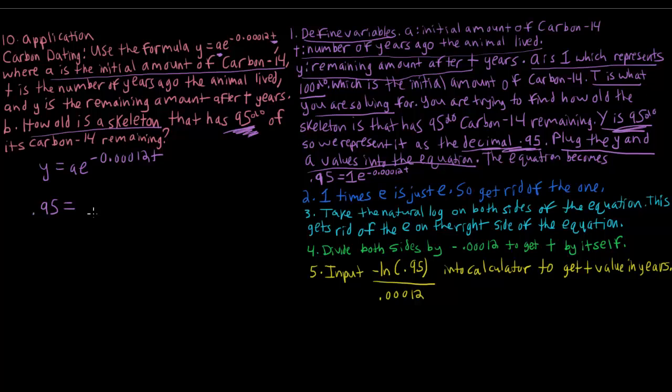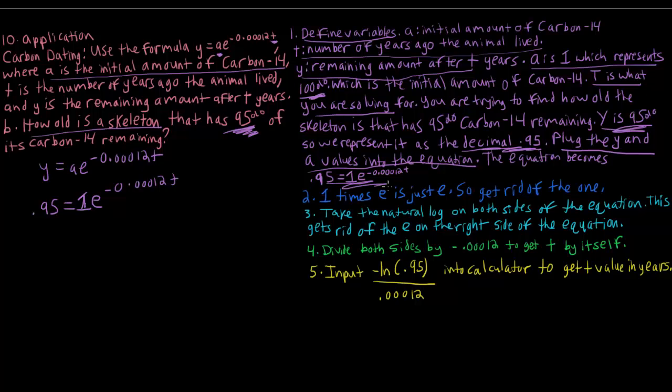Our a value is 1 because 1 is representative of 100%, which we talked about right here. And yeah, you just have 1 times e raised to negative 0.00012t. So we have the equation.